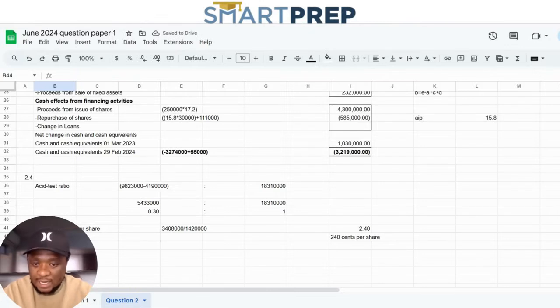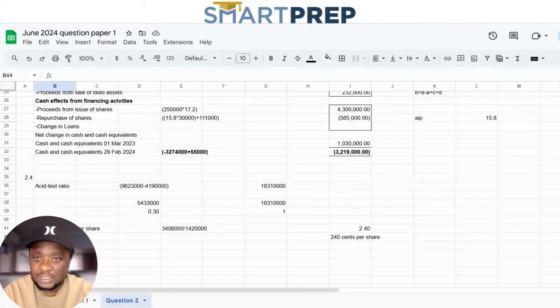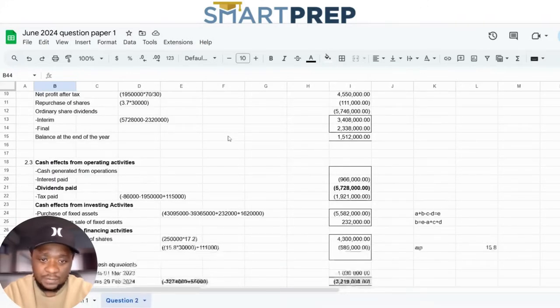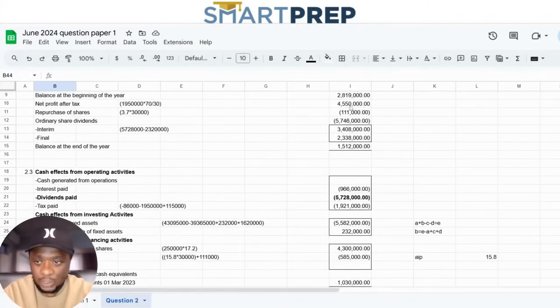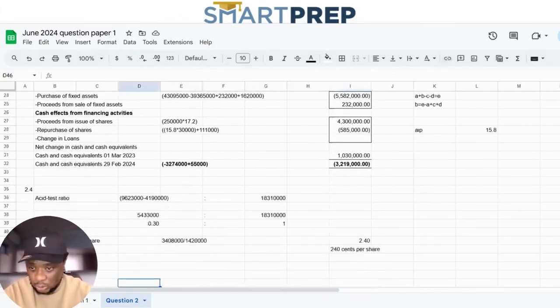All right, and then we look at the next ratio to calculate, which is return on average shareholders' equity. So there we basically just take our net profit after tax. Remember, we have this net profit after tax that we already worked out here, and then we'll divide by average equity. So to do this, let's just write some of this down.